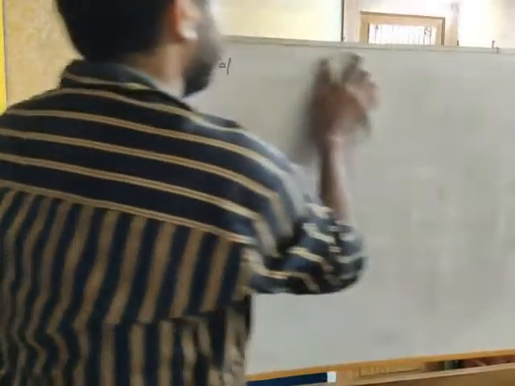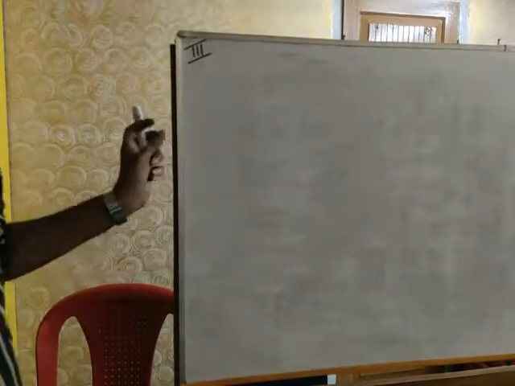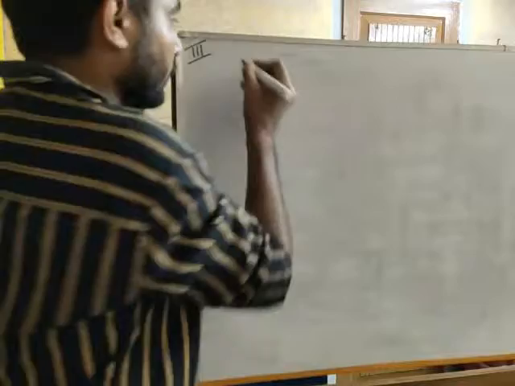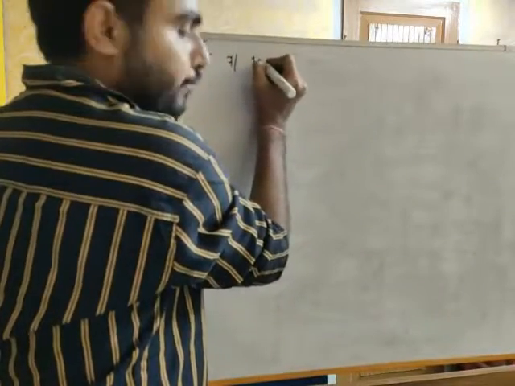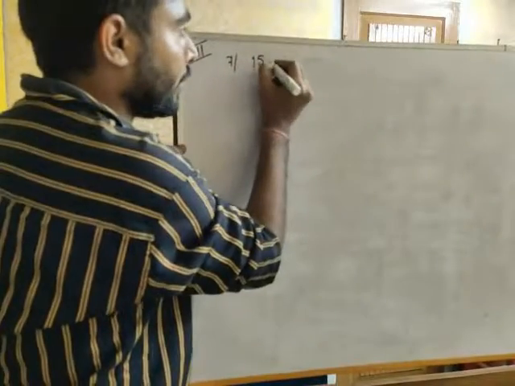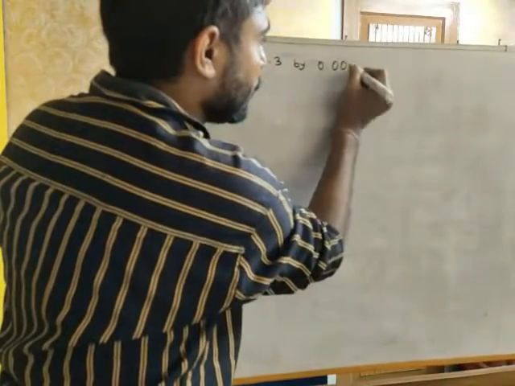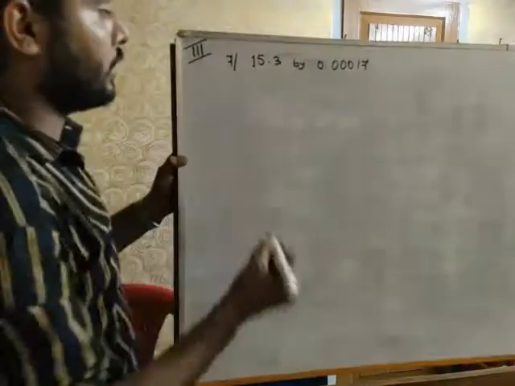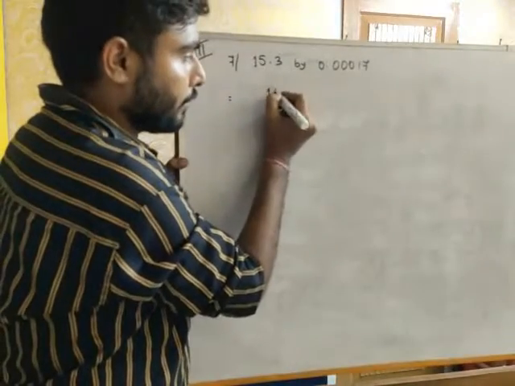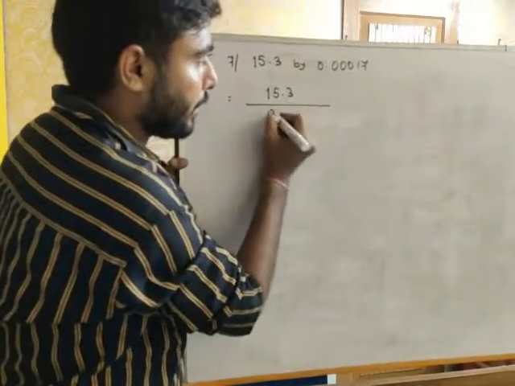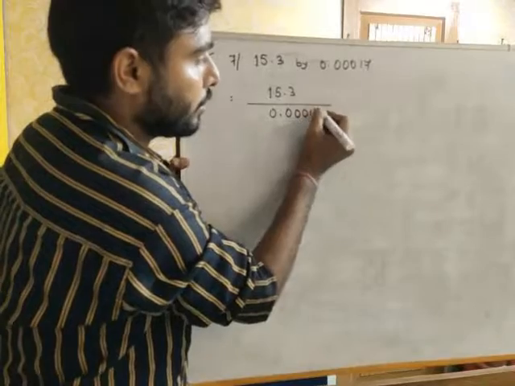Let's move to number 7. It is 15.3 divided by 0.00017.